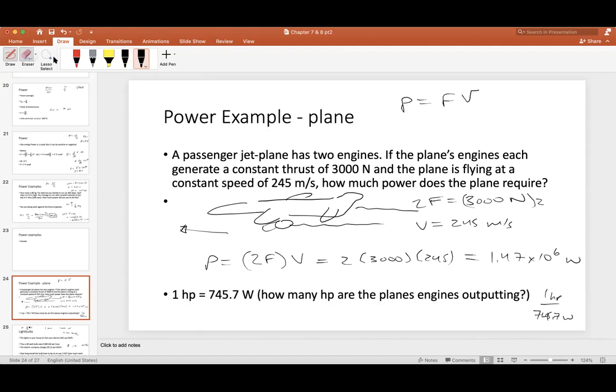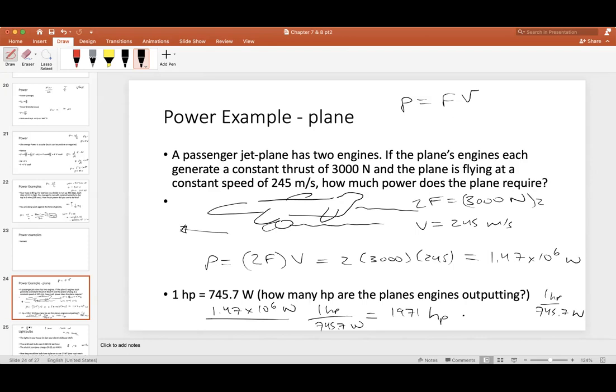So to make it clear, 745.7 watts per horsepower. So my 1.47 times 10 to the 6 watts divided by 745.7 watts per horsepower gives me 1971 horsepower.